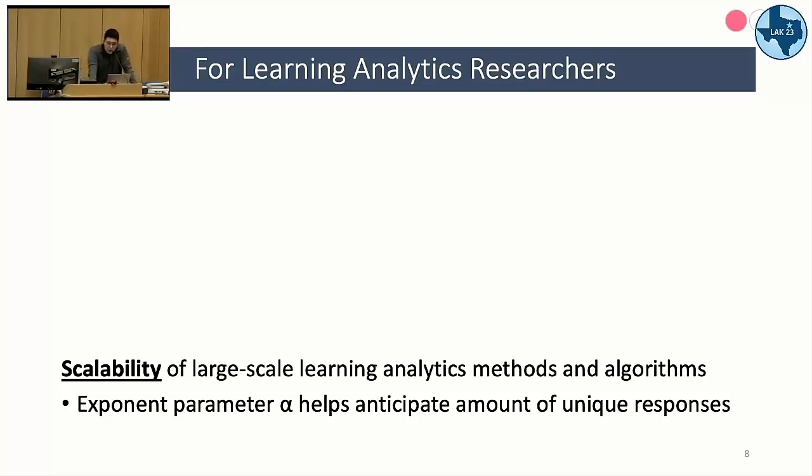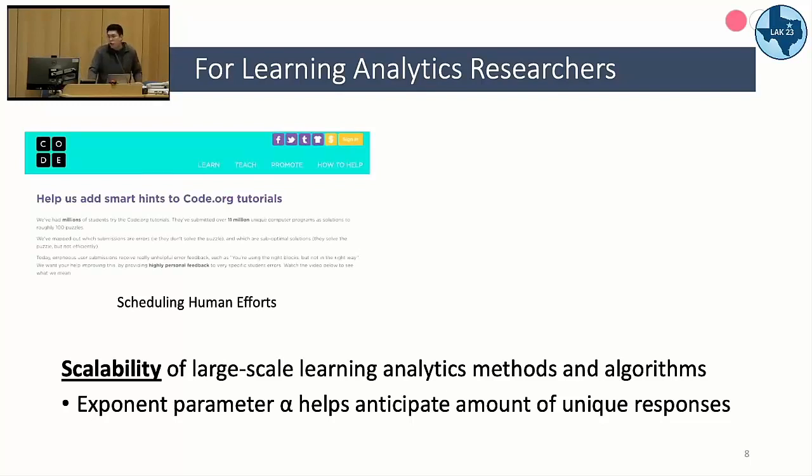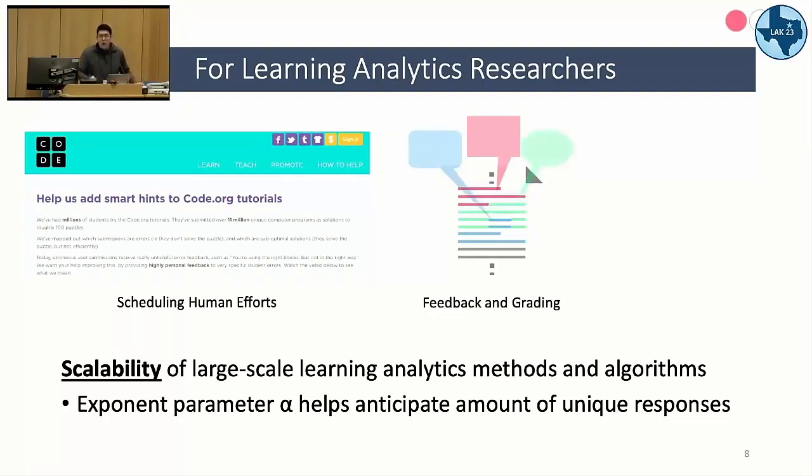It's also a necessary consideration if you're trying to develop algorithms that can generate feedback or grade open-ended work. This pattern also explains why algorithmic grading is so hard, and you can't simply resort to simple methods like clustering to do this.